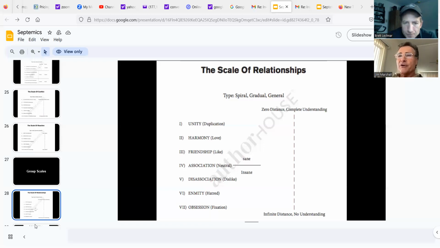Two people, they're different, they're separate. There's not zero distance. There's a lot of understanding. That's what love is. That's a workable definition of love. If you're not in harmony, you're not in love. Then you go up from there to unity, to the state that is not real to most people, and that is the state of duplication.